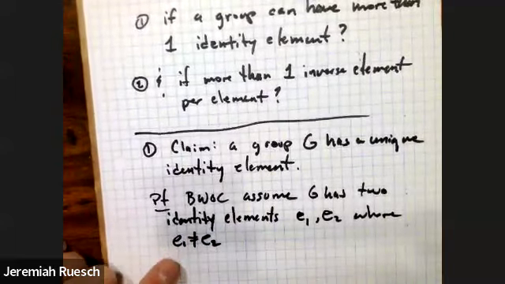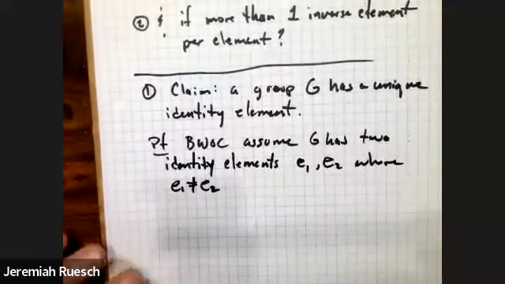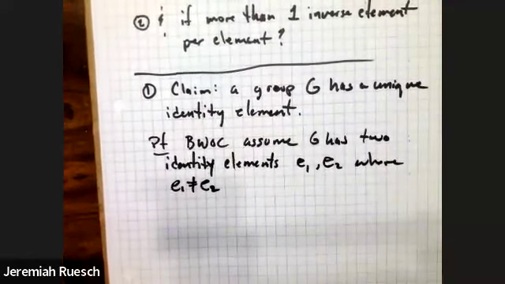So they're both identity elements for the group G, but identity one is different than identity two.